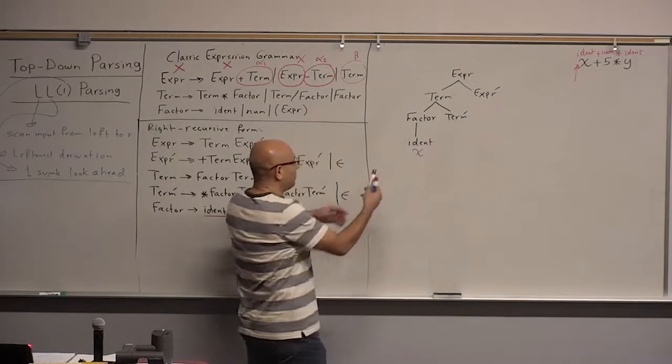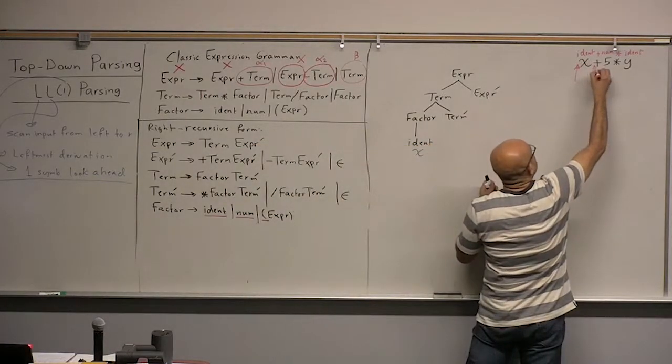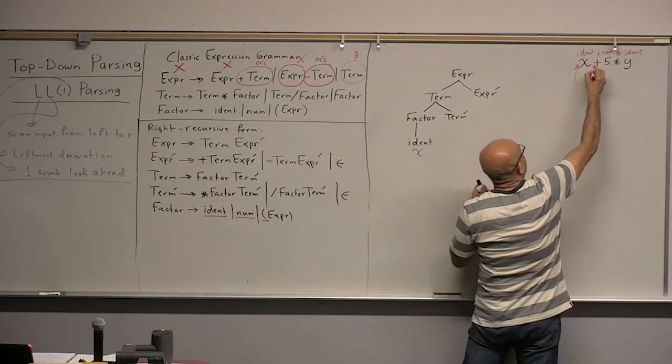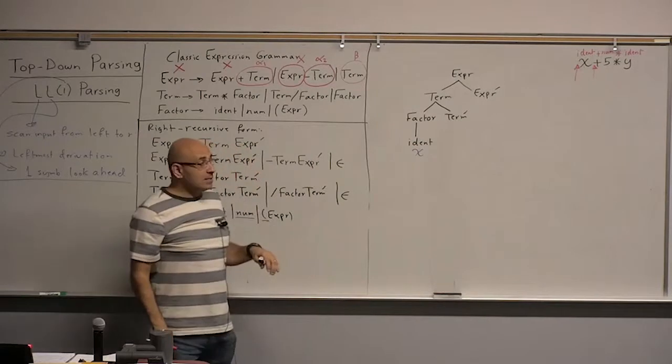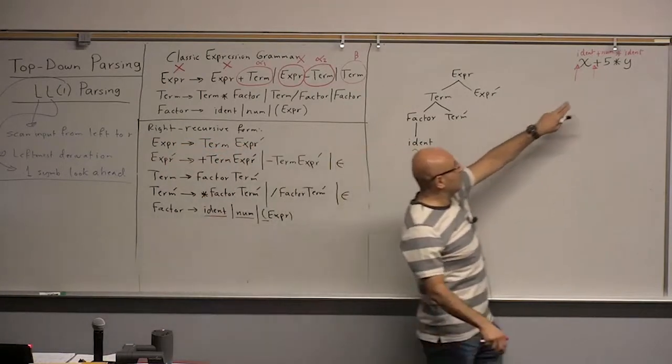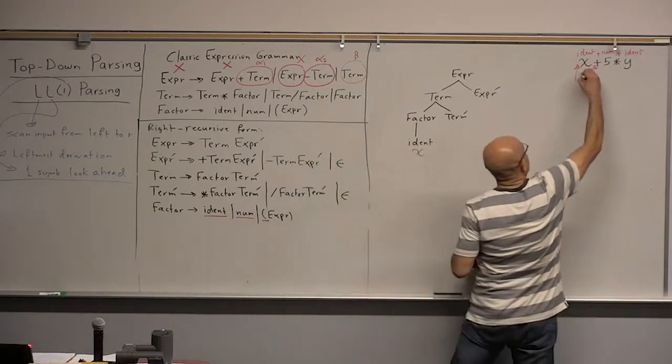Now since we have read the X, we have consumed one word from the input, and our pointer in the input string is pointing at the plus, because we have already consumed this.